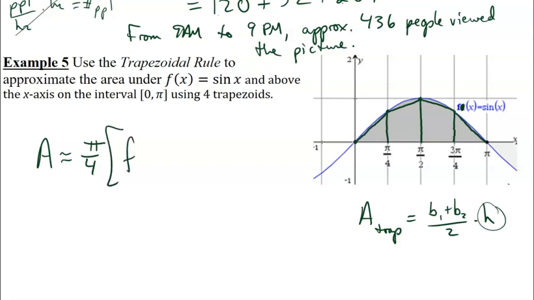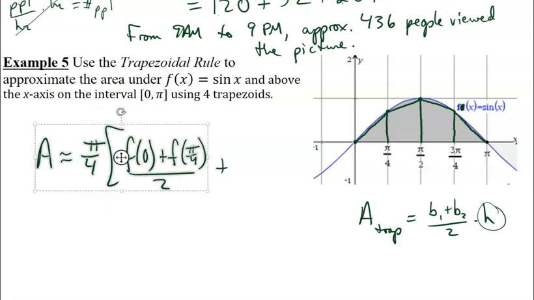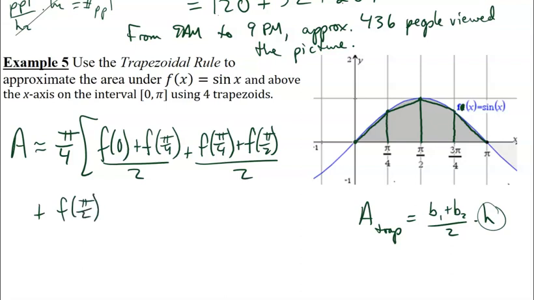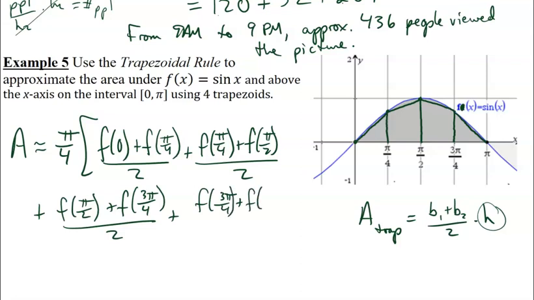So it's going to be f of 0 plus f of pi over 4, and then all of that's divided by 2, plus the next one, f of pi over 4 plus f of pi over 2, all over 2, plus f of pi over 2 plus f of 3 pi over 4, all over 2, plus f of 3 pi over 4 plus f of pi all over 2, okay?